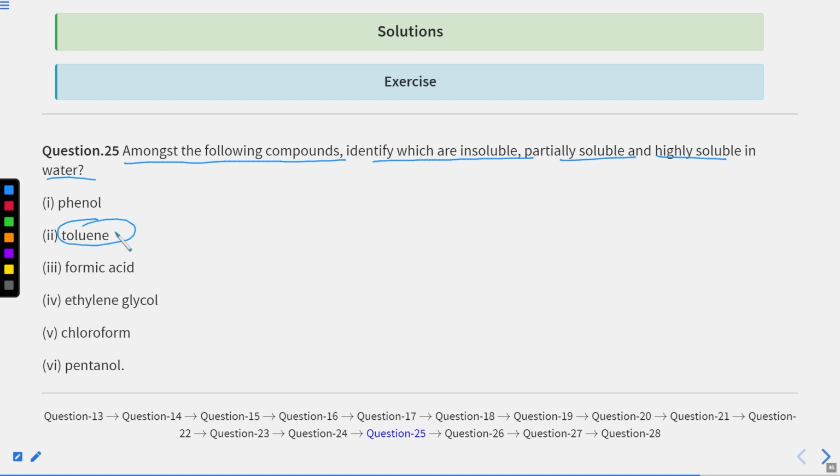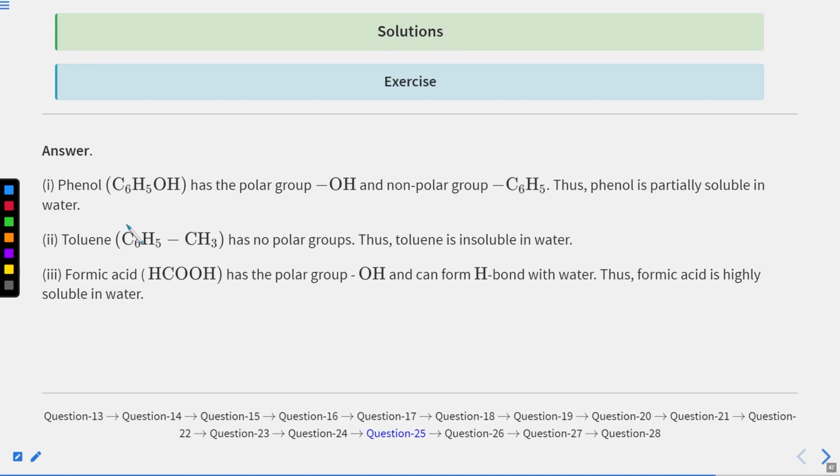So toluene will be insoluble, and your chloroform will be insoluble, whereas your pentanol and phenol will be partially soluble, and your formic acid and ethylene glycol will be highly soluble.